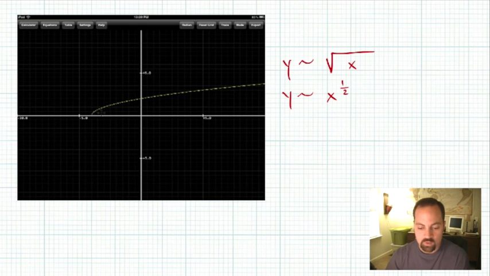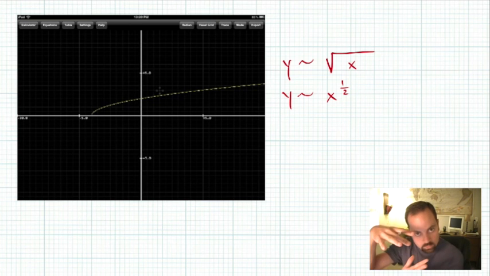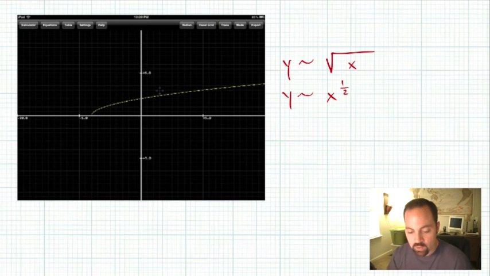We're going to have the parabola kind of looking like it's turned 90 degrees, but we only have half of it because you can't have the square root of a negative number. Y can't be the square root of negative 3 because there is no square root of negative 3. So we have half a parabola laying on its side right there.